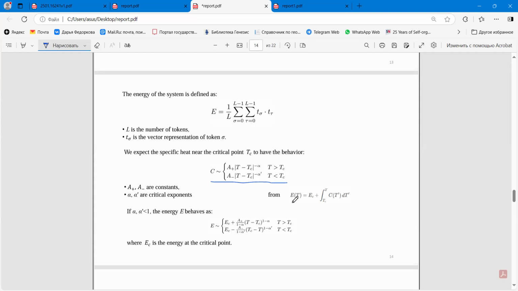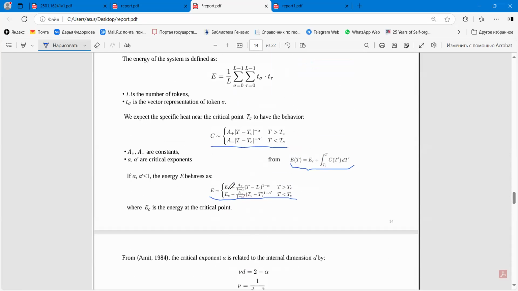So from this form, we can express the equation for temperature behavior, and it looks like this, where alpha is our critical exponent, which we will discuss.